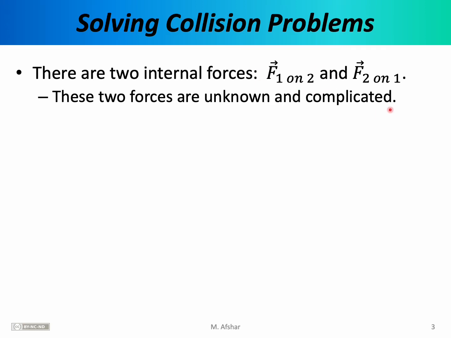Unfortunately, knowing these two forces in most cases is not practical, and might even be impossible because of the immense complexity of collision problems. If you are talking about the collision of one atomic nucleus with another atomic nucleus, the type of thing that happens in nuclear reactions, then the force involved is the so-called strong force, which is a very complicated and difficult to model force.